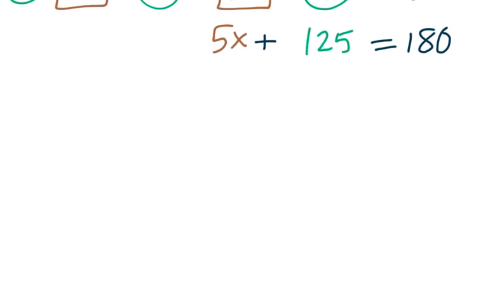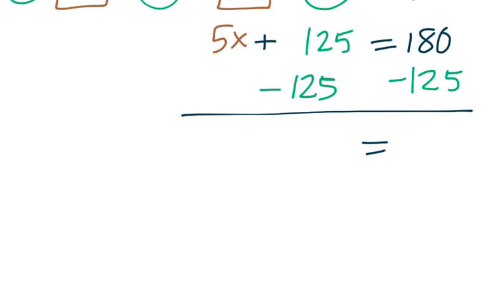Now that I've cleaned this up a bit, I can use inverse operations and isolate the variable, solving for x. I'll begin by subtracting 125 from each side, and when I do that, the constant term on the left side will be gone. I'll be left with 5x equal to 180 minus 125, which gives me 55.